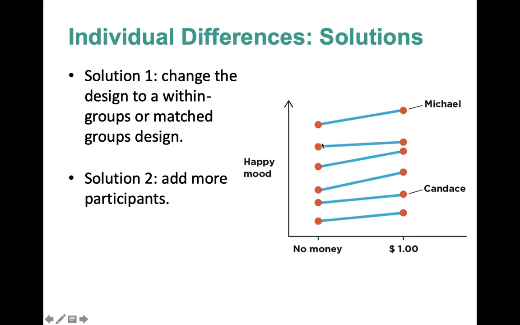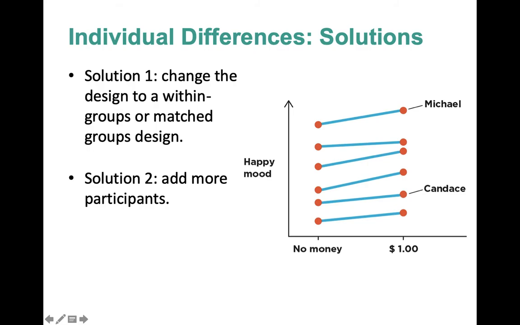There are these individual differences in people's mood, and Michael just tends to be a happier person than most. If we use a within groups design, we'll ask Michael's mood when he has no money versus $1. Same thing with Candace. Candace just happens to be a little bit less happy of a person than Michael, a little bit more grumpy. That's Candace's disposition. But using this within group design, or within subject design, we can measure Candace's mood in the no money and money condition.